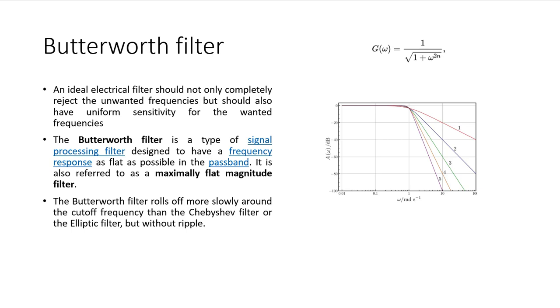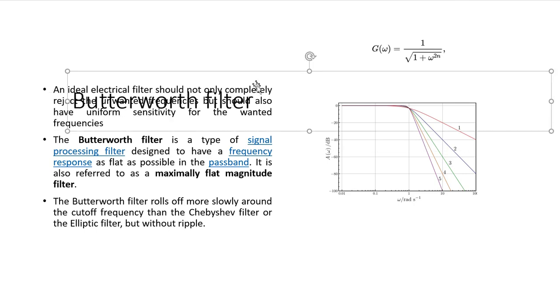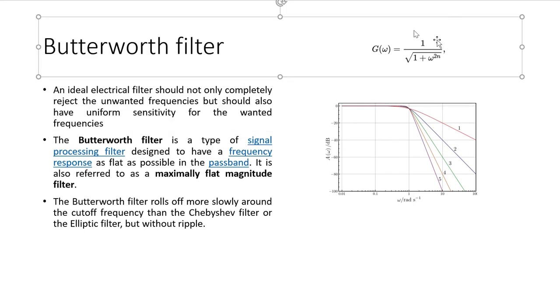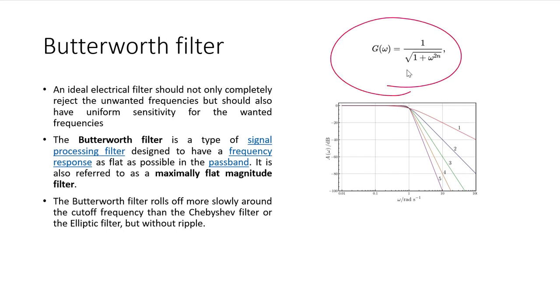So it should follow some rules, and these rules are written in this equation. The filter must have a transfer function like this. This n represents the number of active components that we are using. So normally this is the order.